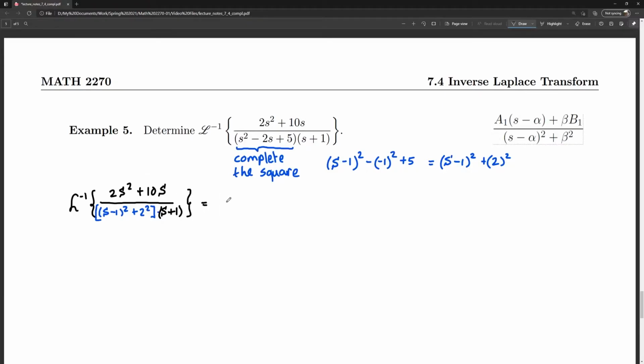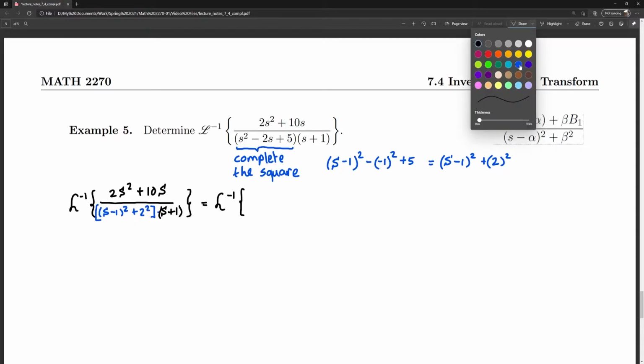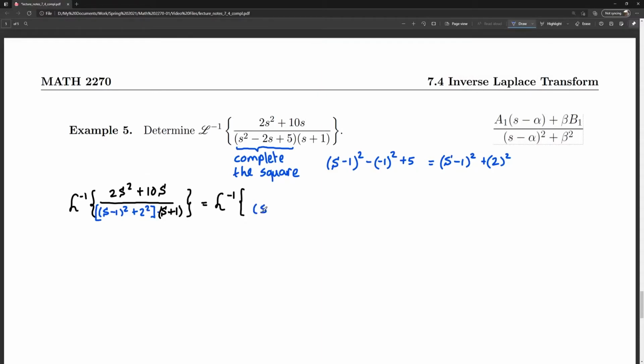And we know we can break that down into the inverse Laplace of, and now we're going to break down that blue part. Our denominator is going to be s minus 1 squared plus 2 squared.